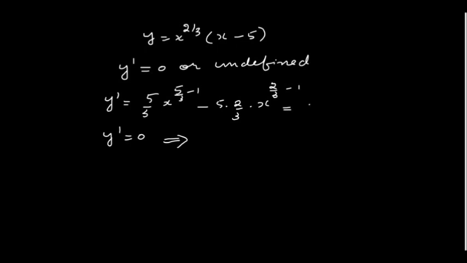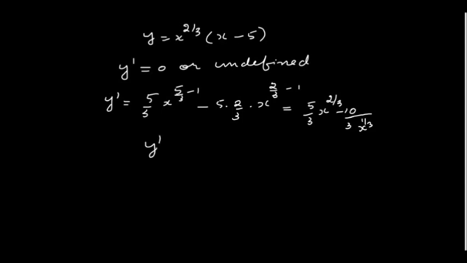Let's rewrite this once again in this way: 5 by 3 x raised to 2 by 3 minus 10 by 3 into x raised to minus 1 by 3, that is x raised to 1 by 3 in the denominator. Let me rewrite this y dash once again.